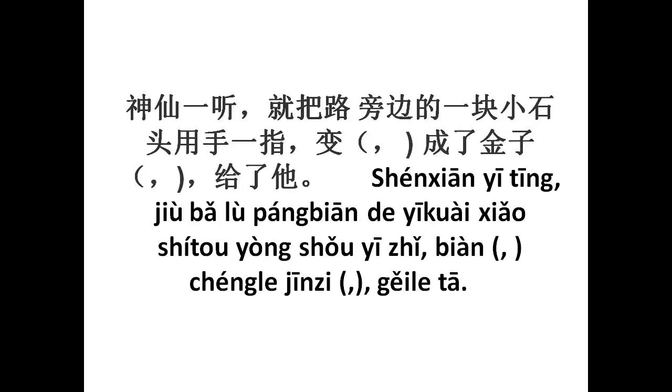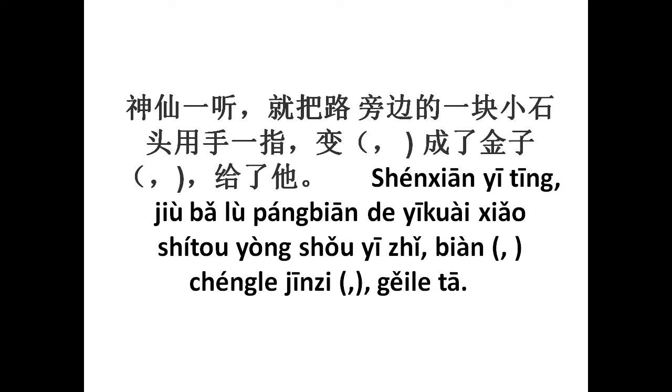神仙一听就把路旁边的一块小石头用手一指变成了金子给了他. So the immortal, after listening, 就把路旁边的一块小石头, a stone at the side of the road, 用手一指, 一指 is one finger, so using one finger of his hand 变成了金子, turned it to gold, 给了他 and gave it to him.